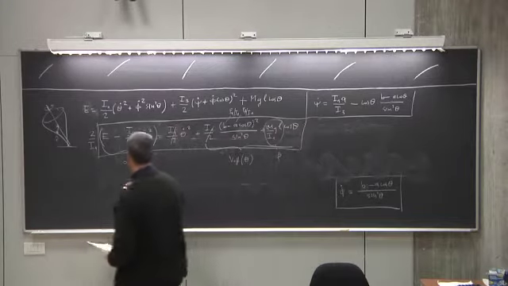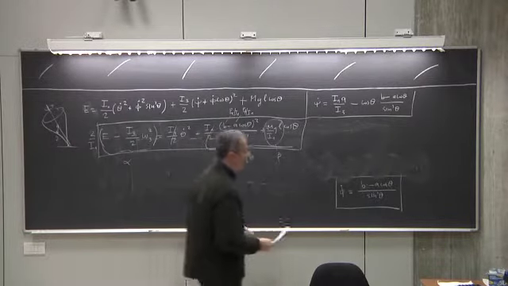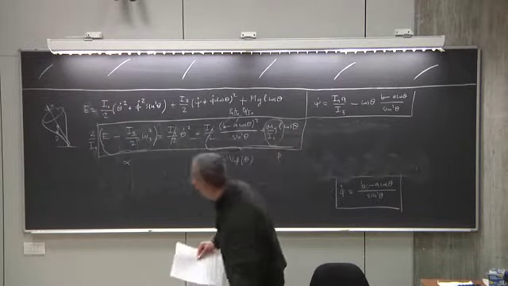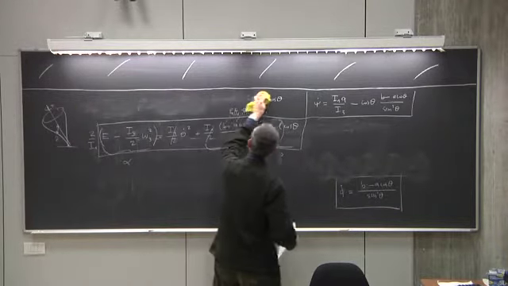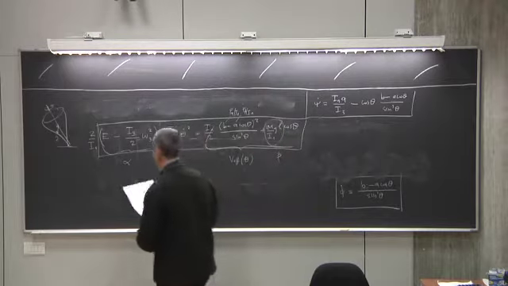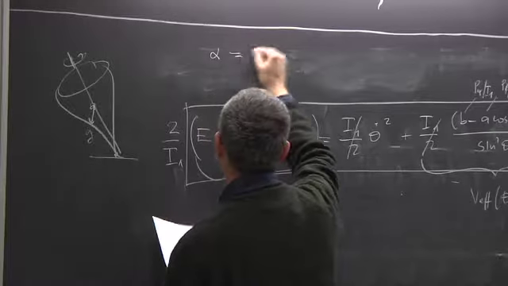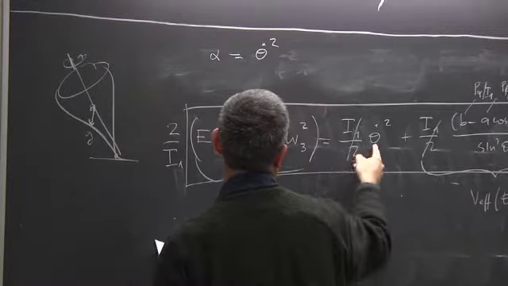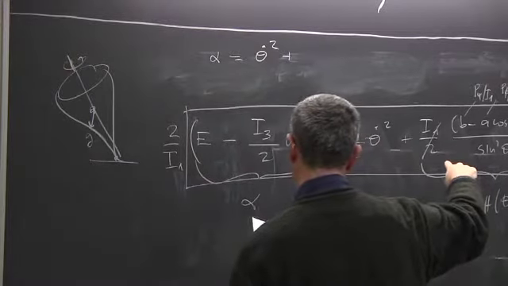And then you see, this equation is just, I write it up there. So if you allow me, I remove the energy condition because it's in here. Now that I named this constant, this is just alpha equal theta dot square, right? Plus, well, I gave a name to this effective potential.